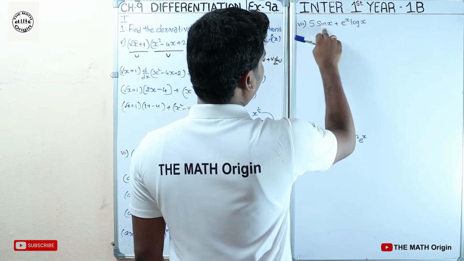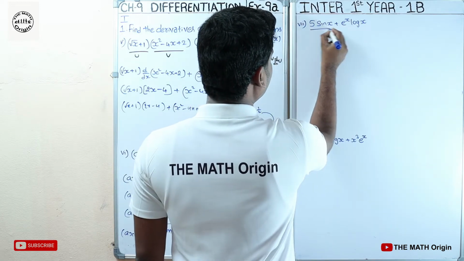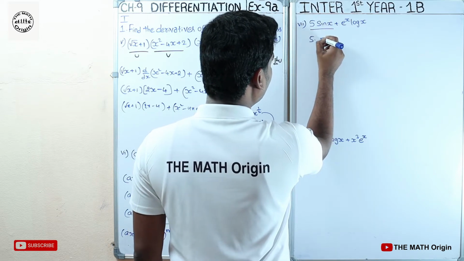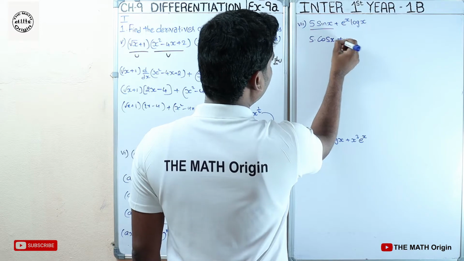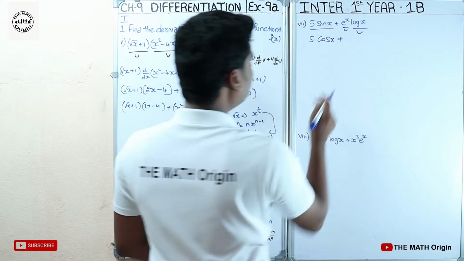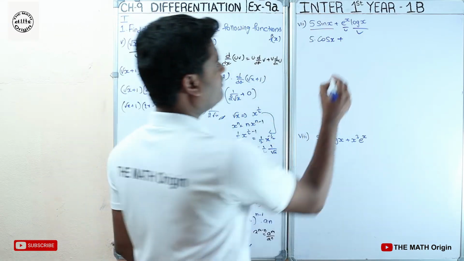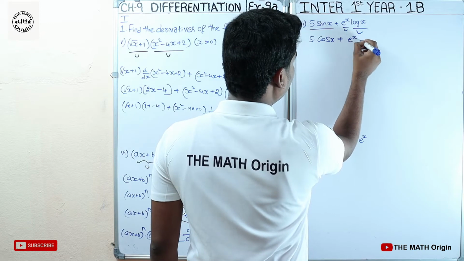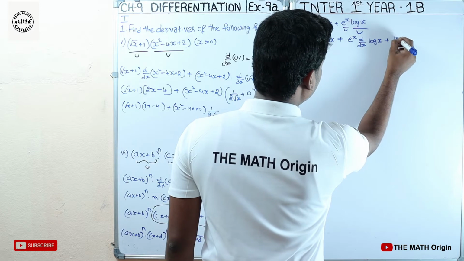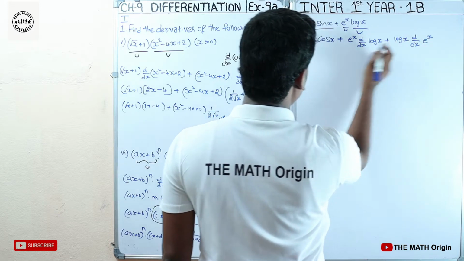Seventh one, 5 sin x plus e power x log x. So 5 into sin x: d by dx of sin x will be cos x, plus now this is in the format of u and v. For uv we have the formula u into d by dx of v plus v into d by dx of u. So e power x into d by dx of log x plus log x into d by dx of e power x.